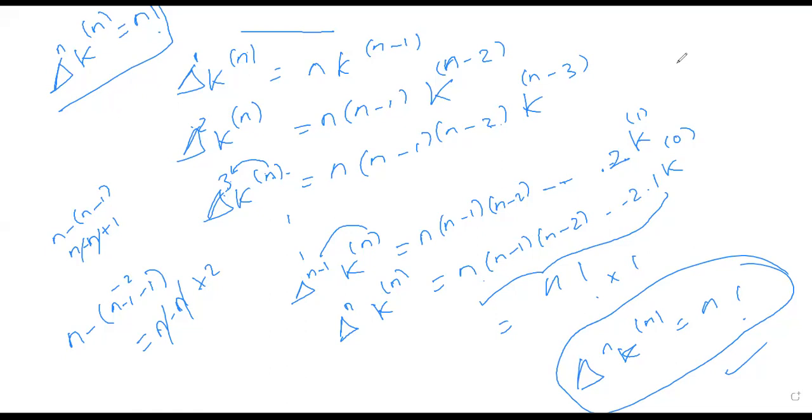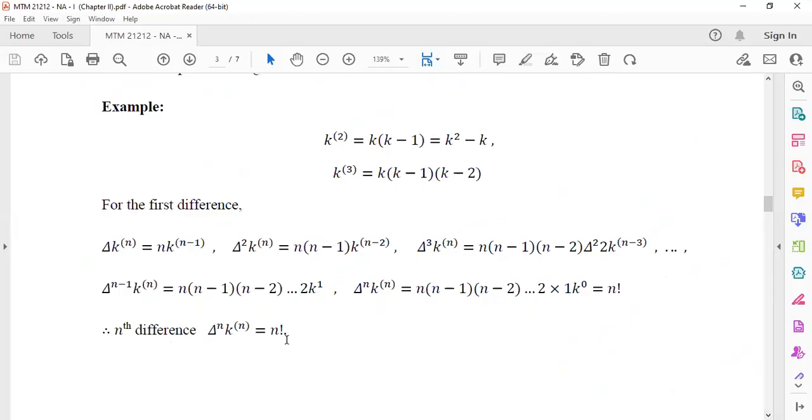I hope you understood. So let's move on to the notes. Okay, that's what they have found here. So nth difference, delta n k^n, is equal to n factorial. So if I ask you to derive, you have to derive this one.